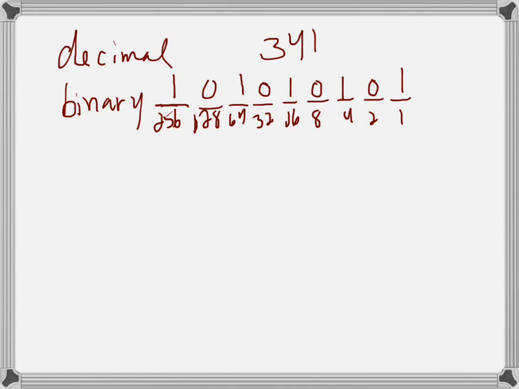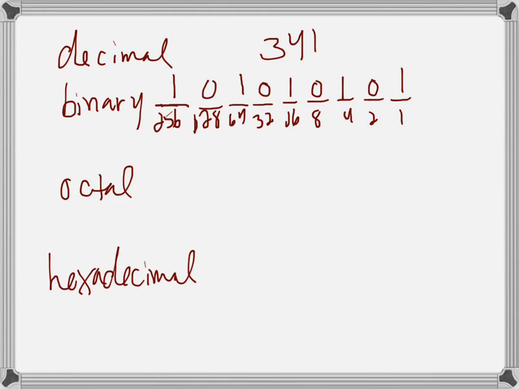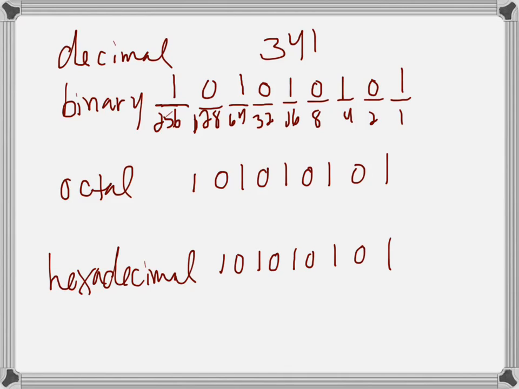And I want now to convert that into octal, and I'd like to also see what that number looks like in hexadecimal. Okay, so I can write the binary number down again, 101010101. I can do that for hexadecimal too. For octal, I'm going to divide this up into 3 bits.